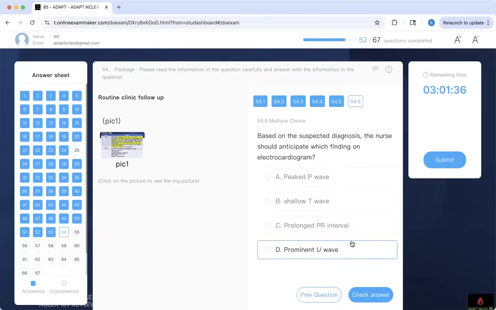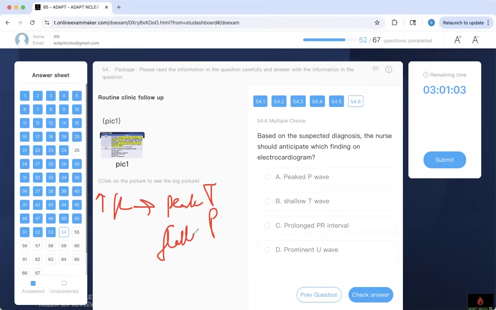Based on the suspected diagnosis, the nurse should anticipate which finding on the EKG? What do you see in hyperkalemia? I know you know peaked T wave. Do you see peaked T wave? No. I intentionally gave you that. And if you don't know, write this progression down. If your potassium goes up, the first thing that will happen is peaked T wave. After that, the P wave will flatten.